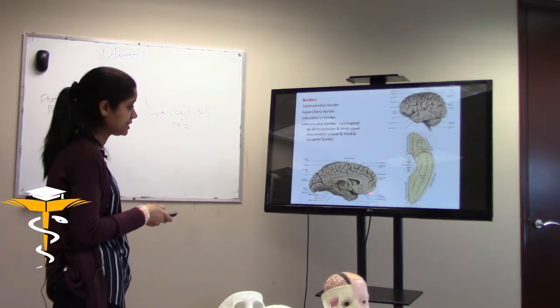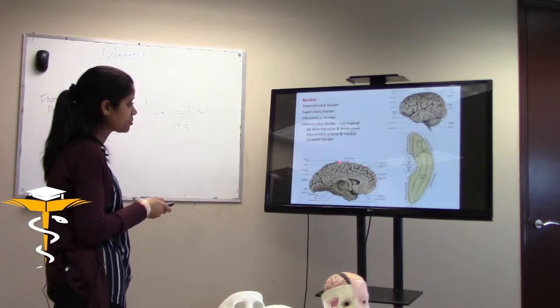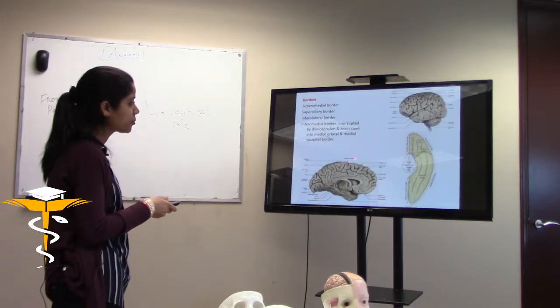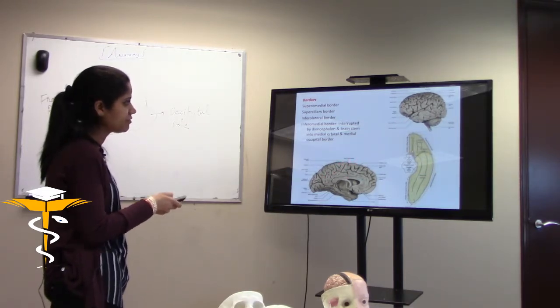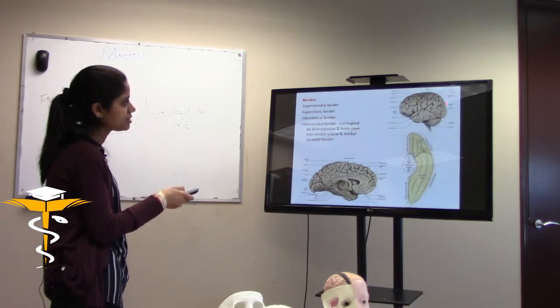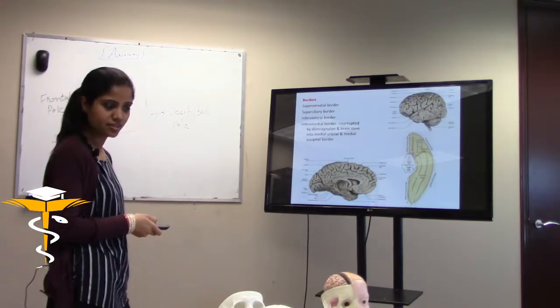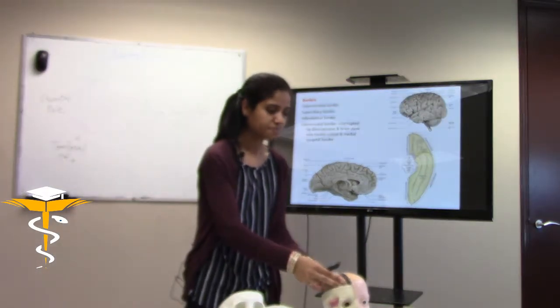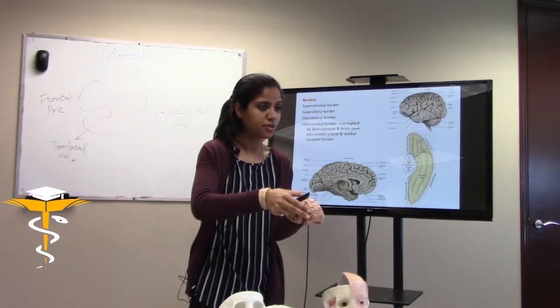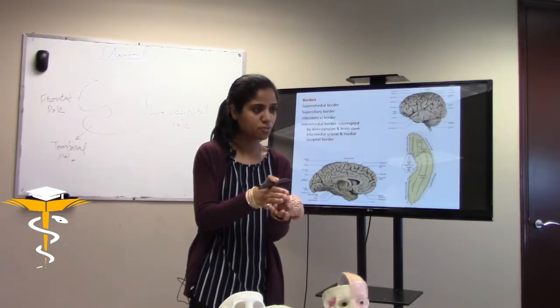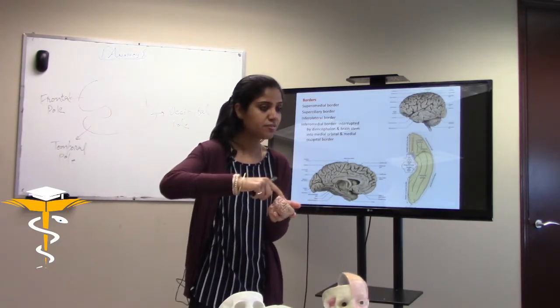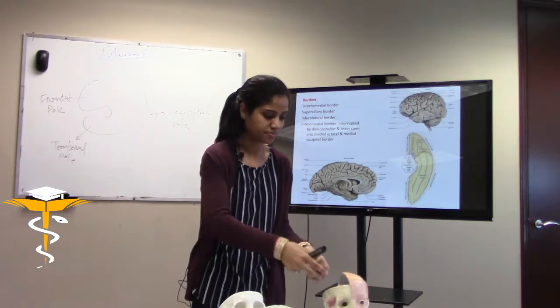And in this specimen, this is the superomedial border, which is having the superolateral surface on one end and the medial surface on the other end. And in the specimen, this is the superomedial border, separating the superolateral surface from the medial surface.